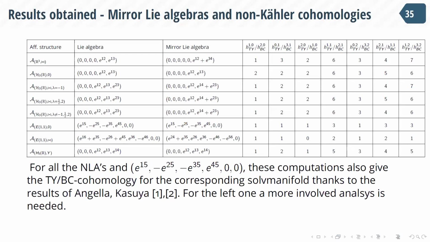In the table, for all the nilpotent Lie algebras and the first solvable Lie algebra, these computations are valid also for the corresponding solvmanifolds, thanks to Nomizu-like theorems that can transport the result for the invariant cohomology of the Lie algebra to the cohomology of the manifolds.